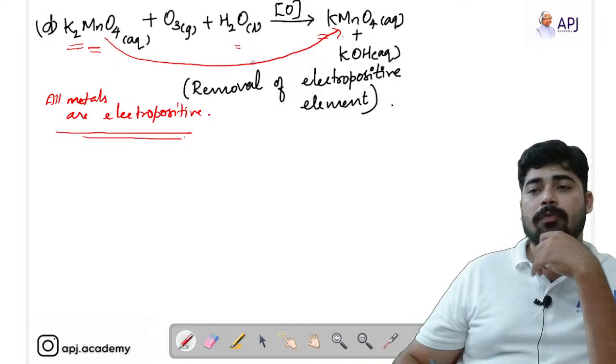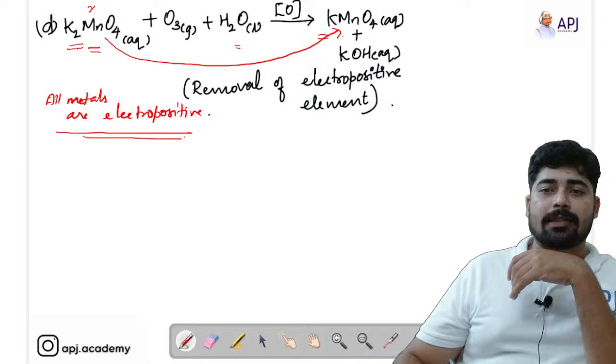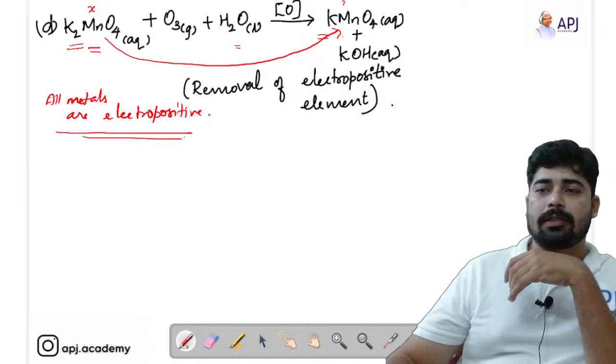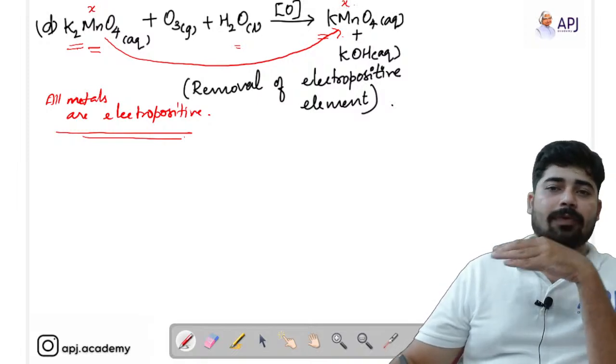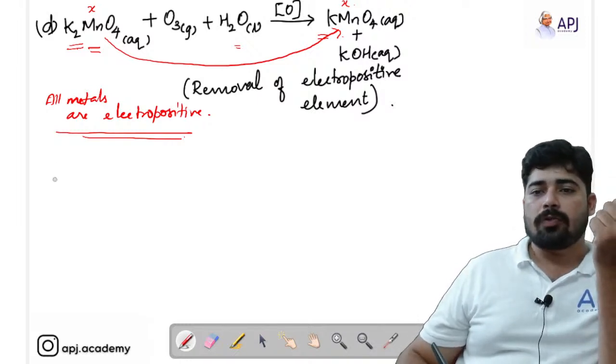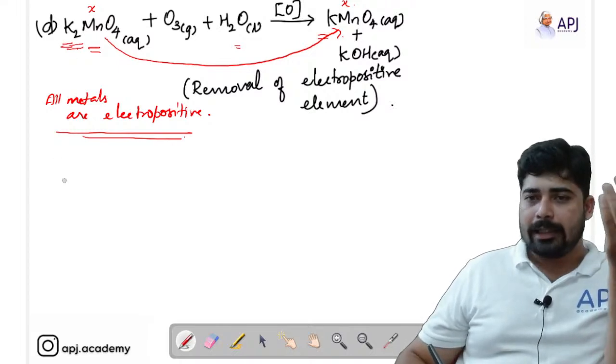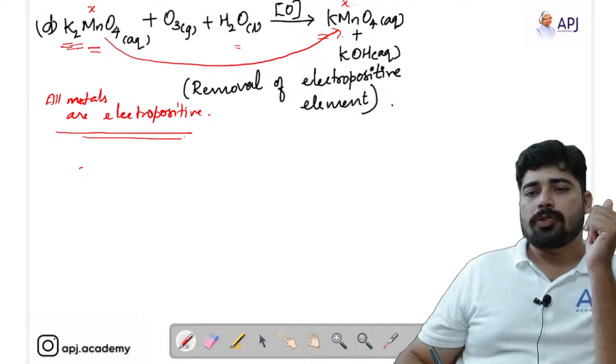So from K2MnO4 to KMnO4, let's check the oxidation state of manganese in this compound and in this compound. Then we can fix whether it has undergone oxidation or any other process. From here we know that the oxidation state of potassium is +1. I'll teach you how I got +1 later. For the time being, let's understand it is +1.